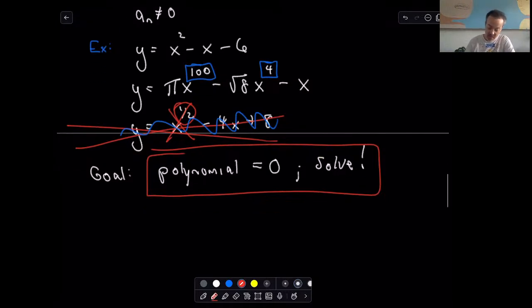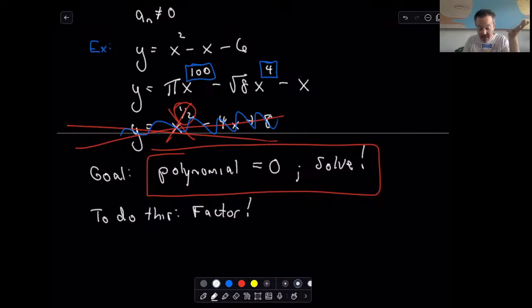Typically, the way that we do this is we try to factor. That's the main thing that we try to do, if we can. There's other ways to do it. You can sort of do it by trial and error. You can use the quadratic formula if it's a quadratic.